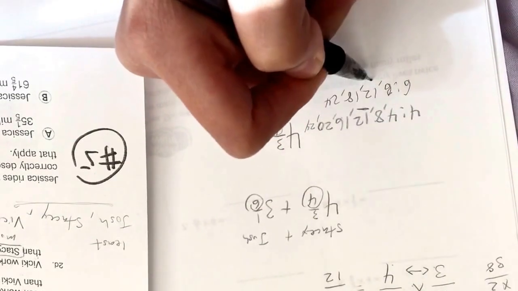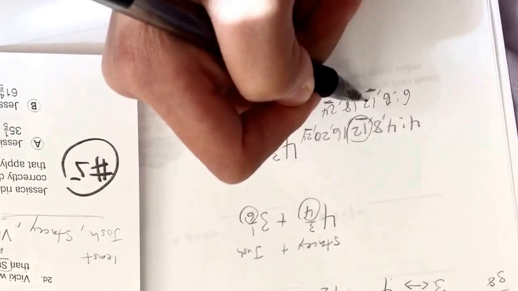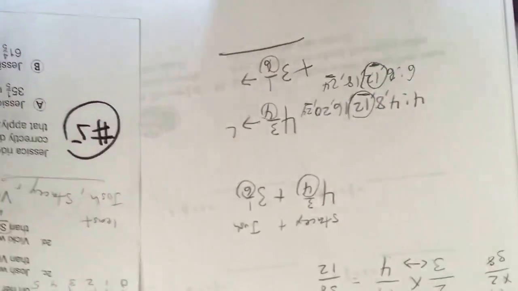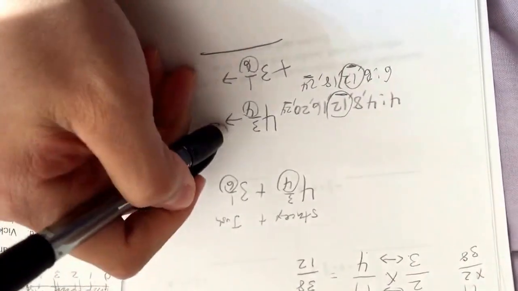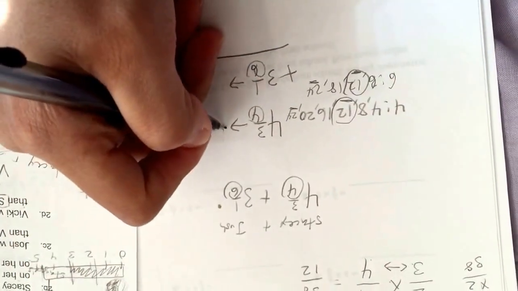They both have 12 and 24 in common, but we're going to take the smaller one, which is 12. That will be our new denominator.